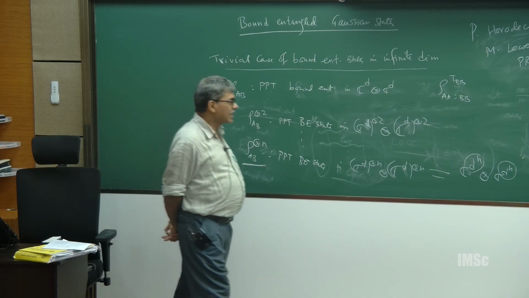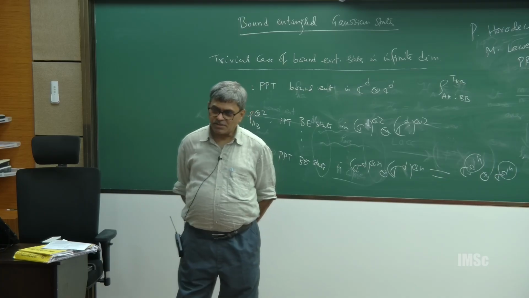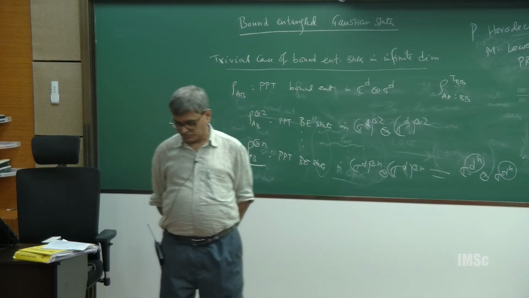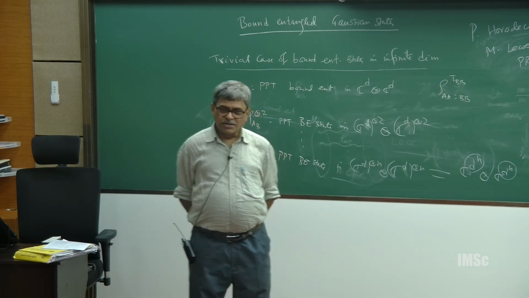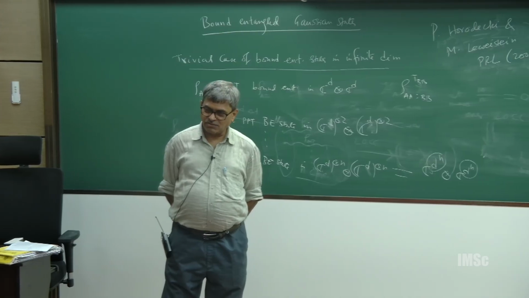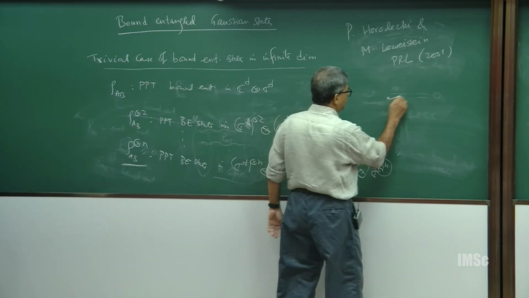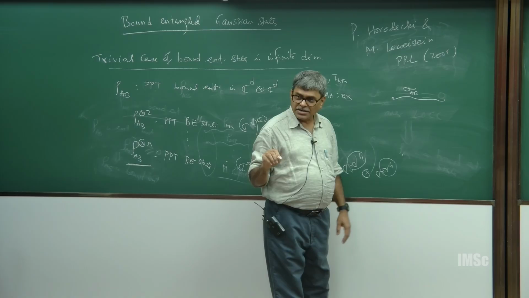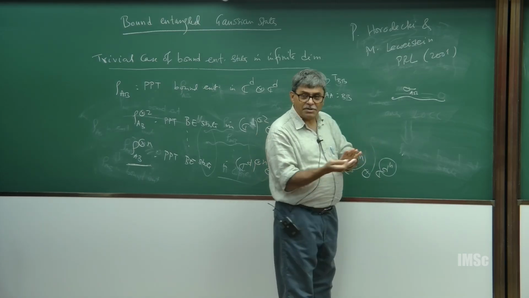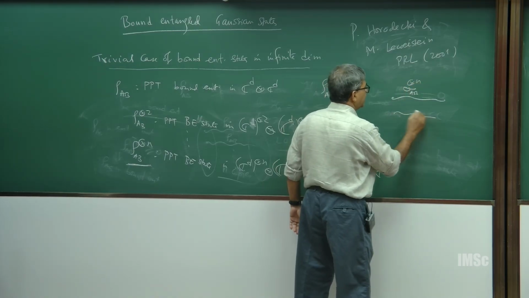Okay then. Do they act as a catalyst during distillation, or how do they come in? Yes, so this is called activation of states. You take a distillable state, but it has a limited amount of distillation. So, you take many copies of this, and then you take say m copies of your bound entangled state.